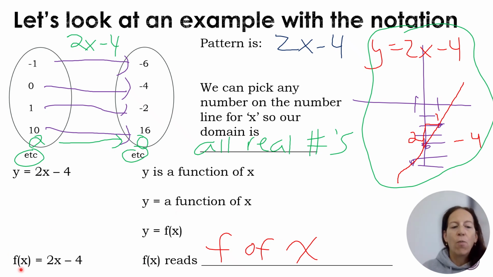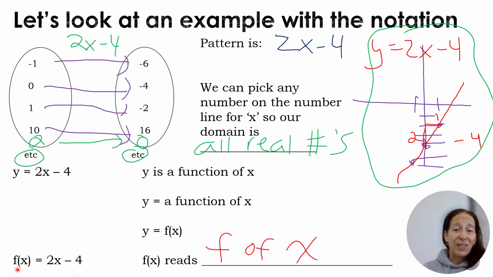So it's saying whatever this is, the output is a function of x, meaning it meets that requirement of every x maps to only one y in the range, and that's how you read it. And you've probably seen that before.